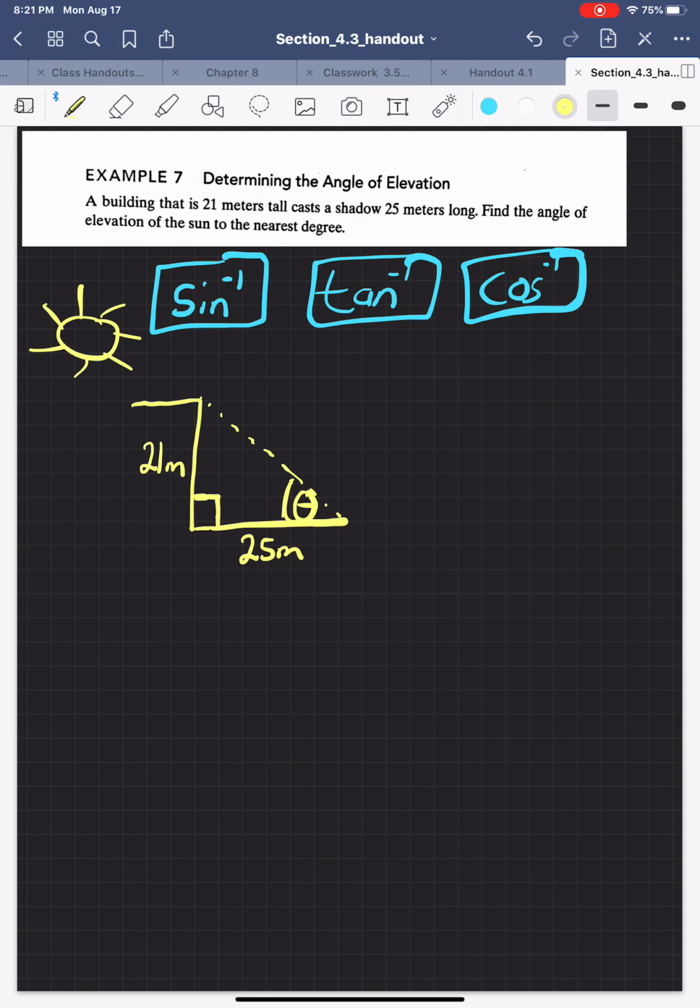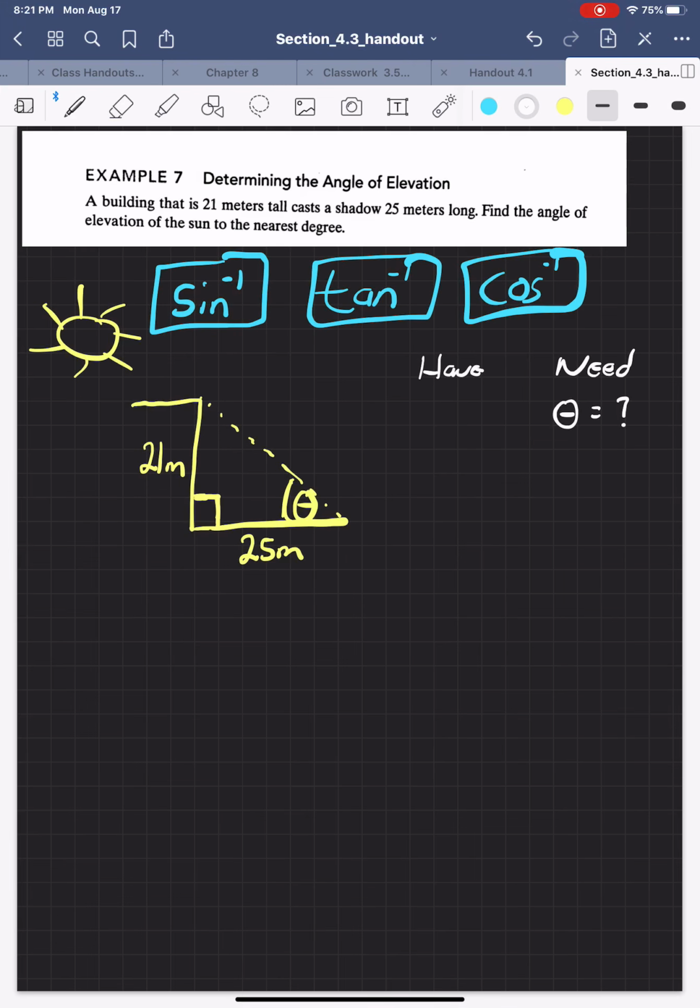All right. So I'm going to do exactly what I said I would do. I'm going to list what I have and list what I need. Let's start with what we need. Do you agree with me? The thing that we don't have is theta. That's what we want. We don't have the angle. But we do have what?